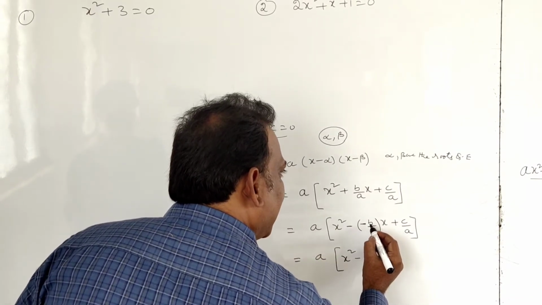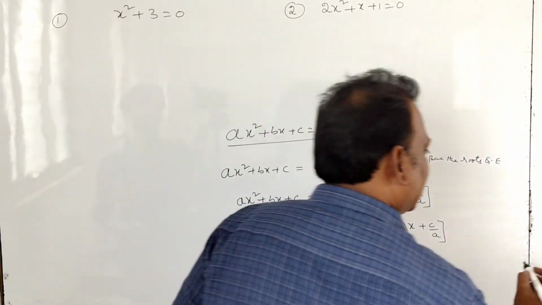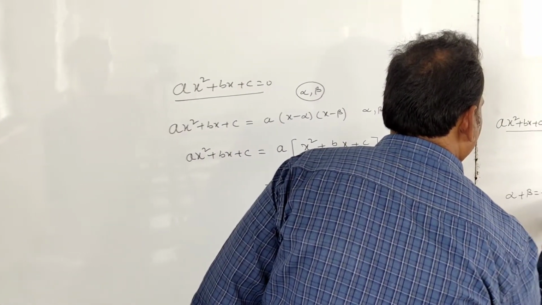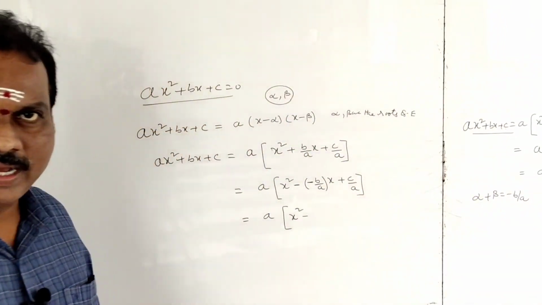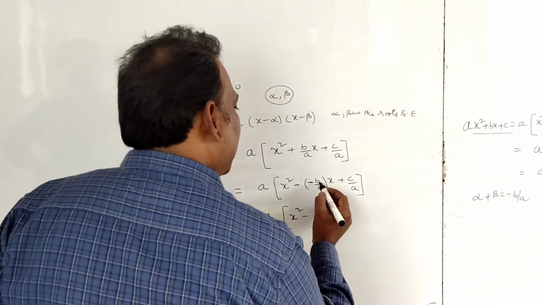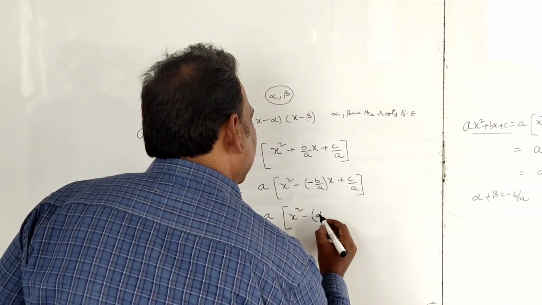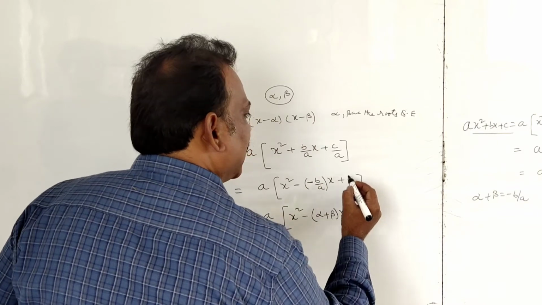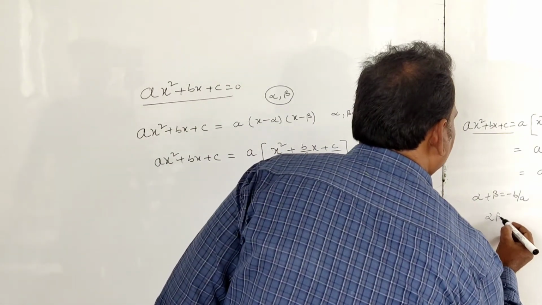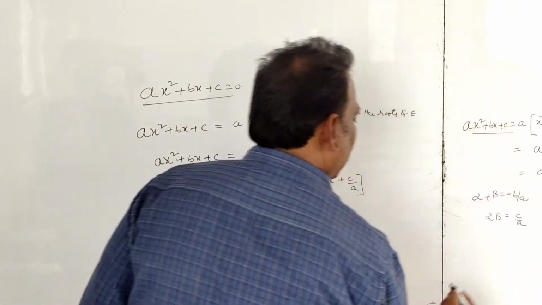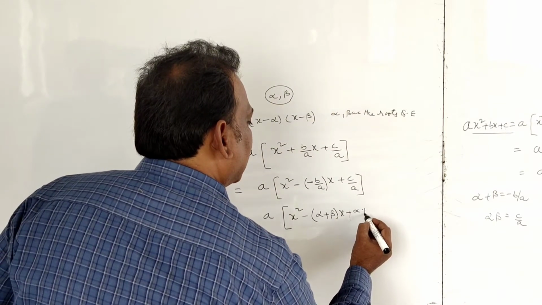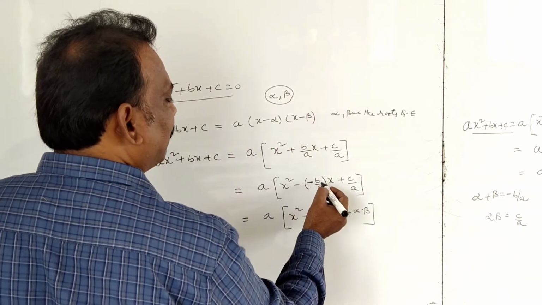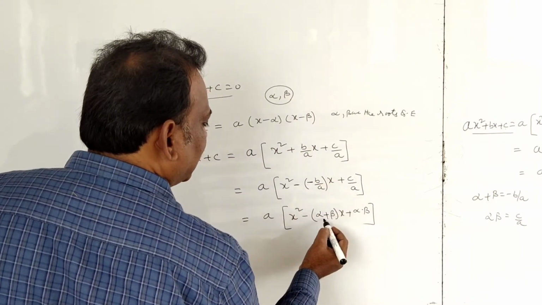This minus b by a, you learnt in the last class, is the sum of roots. Sum of the roots alpha plus beta is equal to minus b by a. Correct, students? So I can replace this minus b by a with alpha plus beta. And also you know that c by a is the product of the roots, alpha into beta.